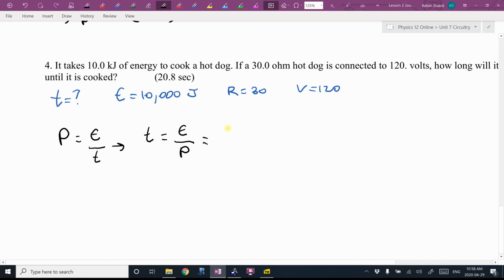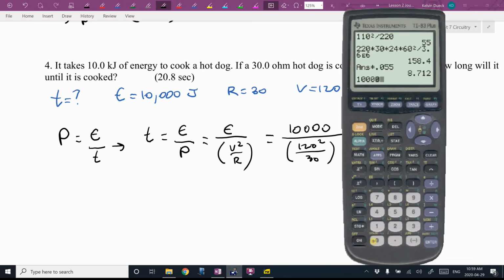And I know that power is V squared over R. So it's going to be 10,000 divided by, and since I got a fraction in the bottom, I will have to put the fraction in brackets. 120 squared divided by 30. I get 20.8 seconds.